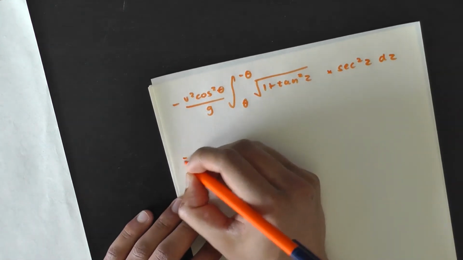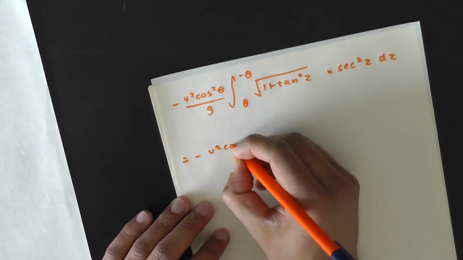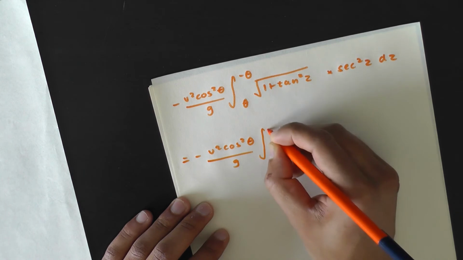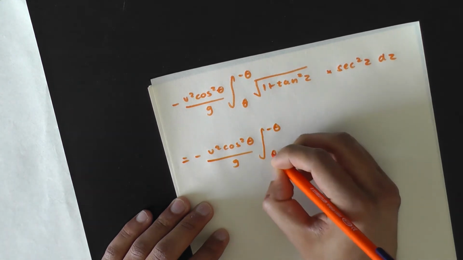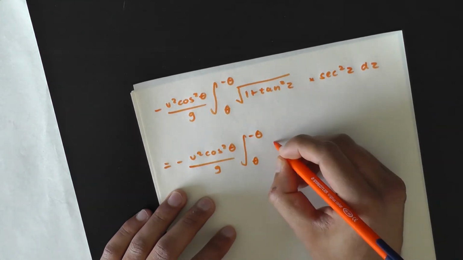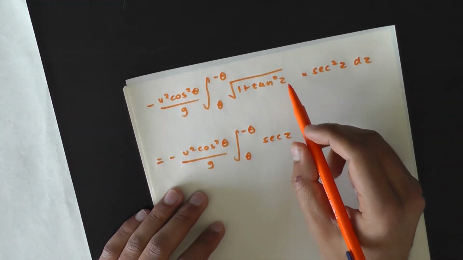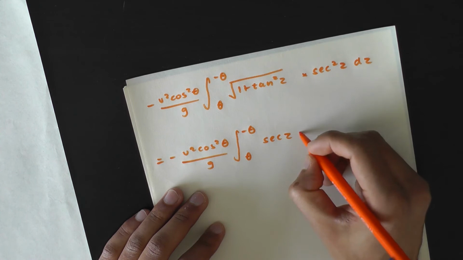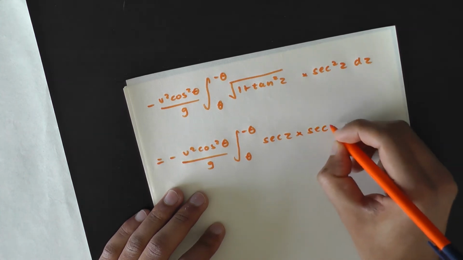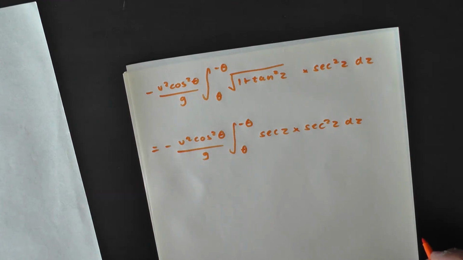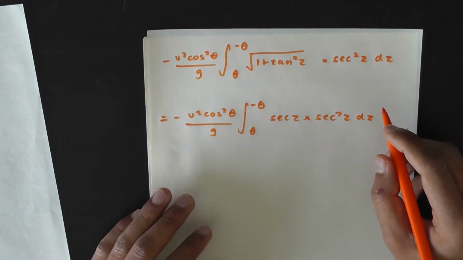Alright, so that equals minus v squared cos squared theta over g, minus theta to theta, of sec z, because 1 plus tan squared z equals sec squared z, root that, we get sec z, times sec squared z dz. Alright, so from here, do an integration by parts.